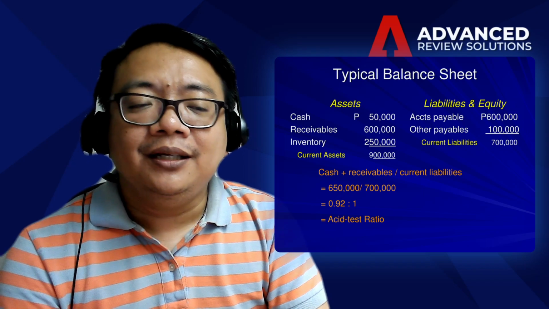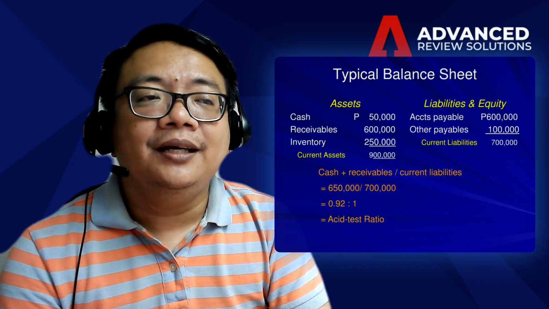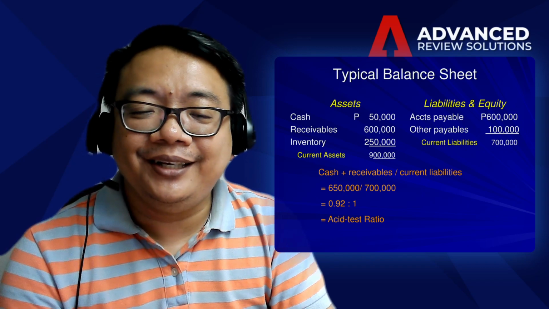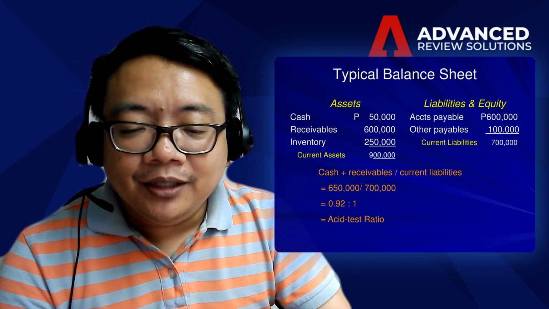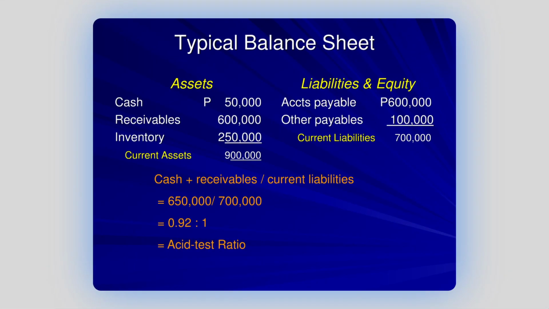May mga time na matagal kang maibenta yung ating inventory kasi tamad ang ating taga-sales, 'di ba? Meaning to say, only your cash, receivables and short-term investment are more liquid than your inventory. Just divide it by your current liabilities and you have 650,000 divided by 700,000.